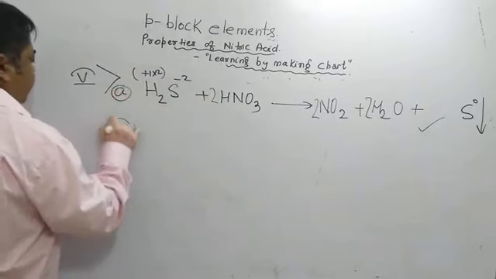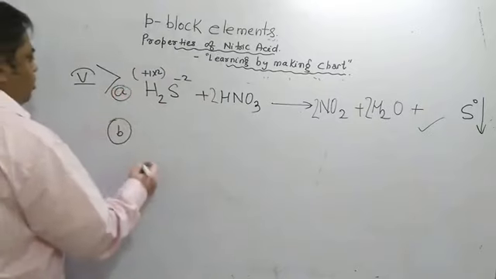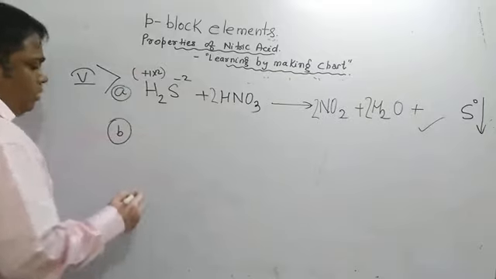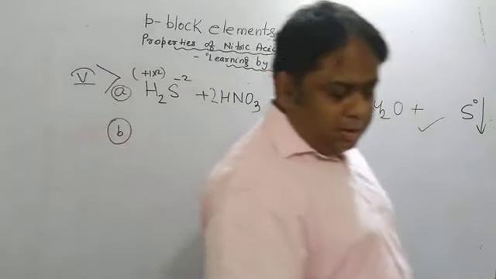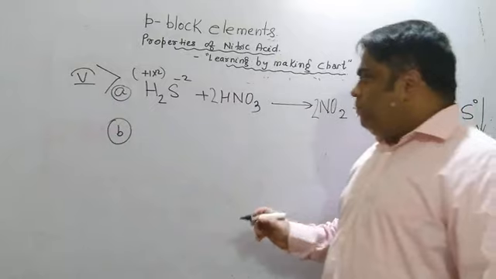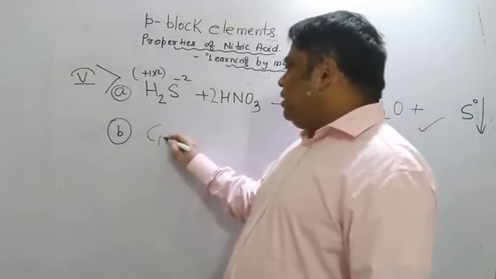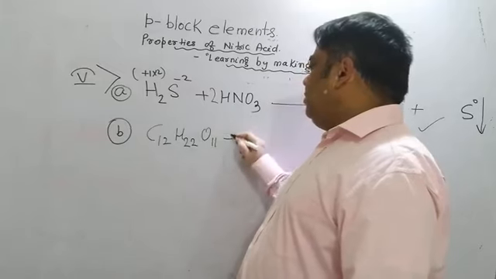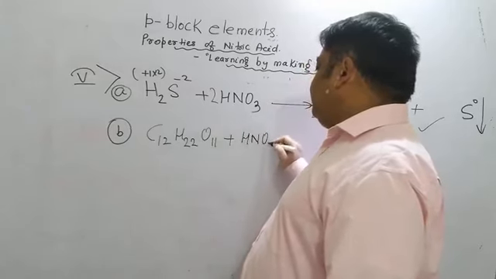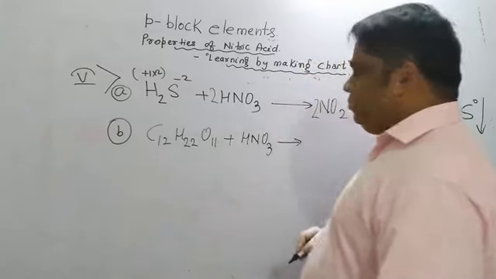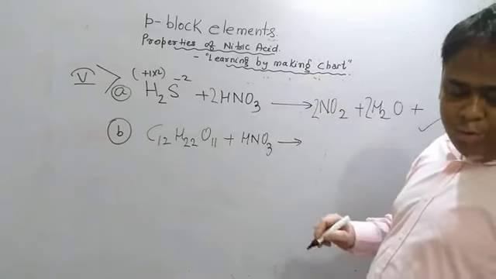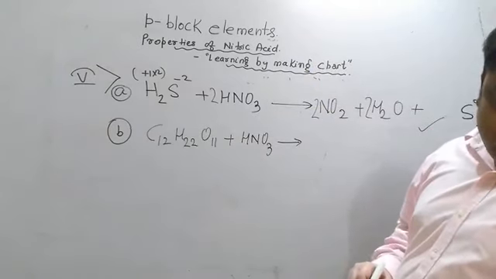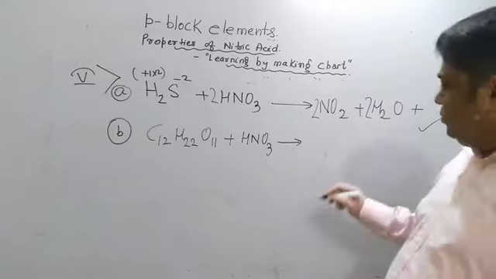Second, its reaction with glucose or sucrose. Alright, its reaction with either glucose or sucrose. If we take sugar, C12H22O11 plus HNO3, it will form 6 molecules of oxalic acid.